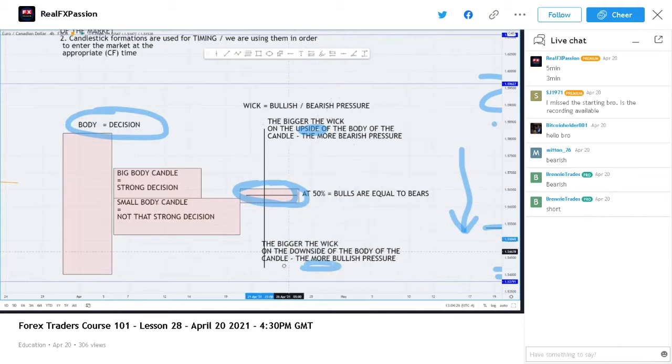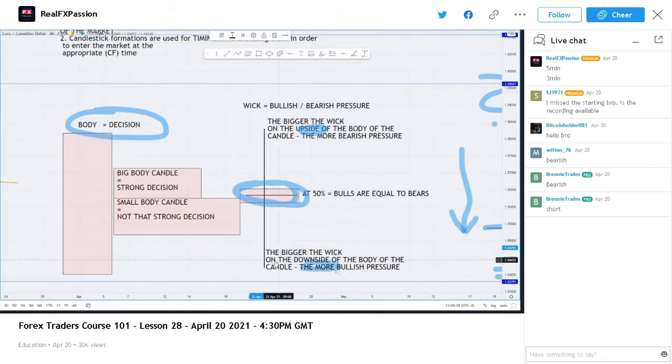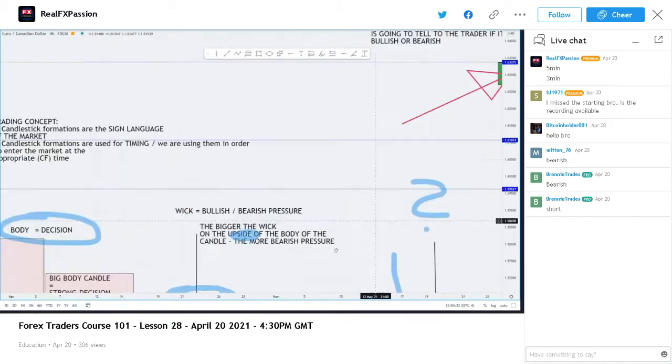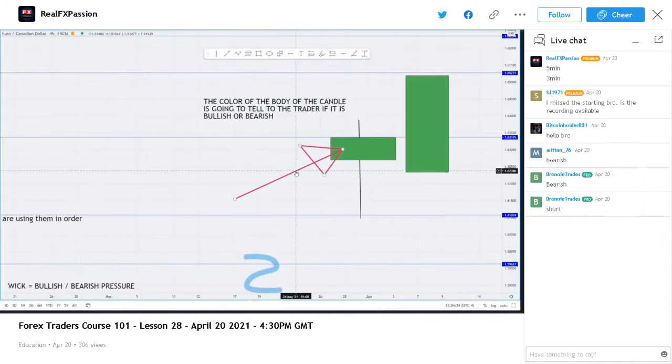And lastly, the bigger the wick on the downside of the body of the candle, green being the body, the more bullish pressure. So it's the same, just in reverse for the bulls and the bears, right?